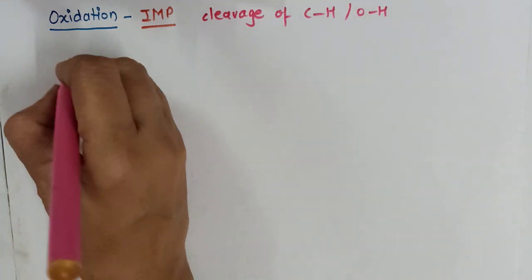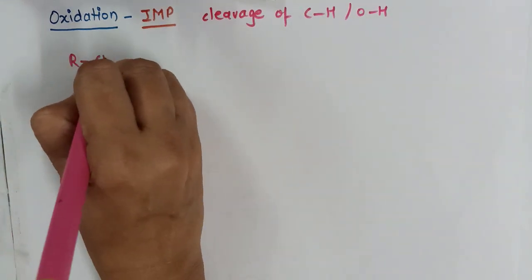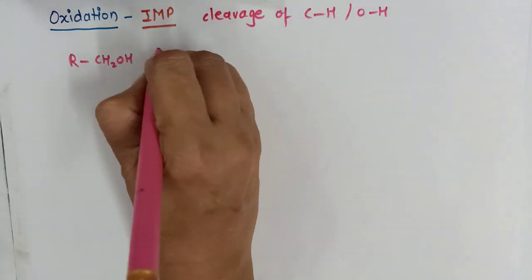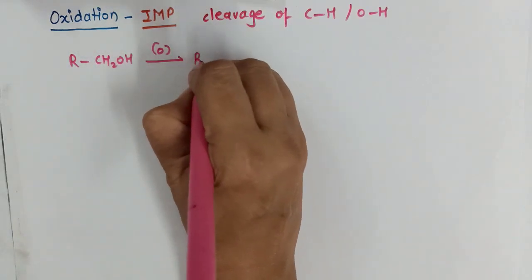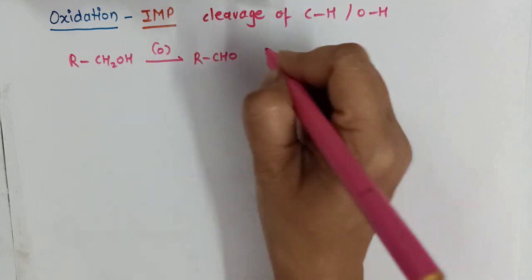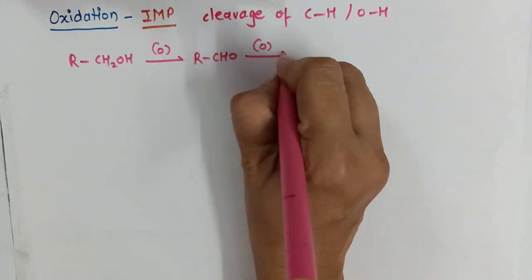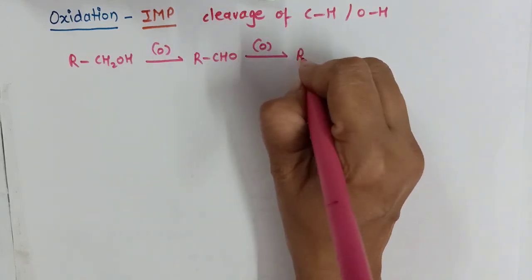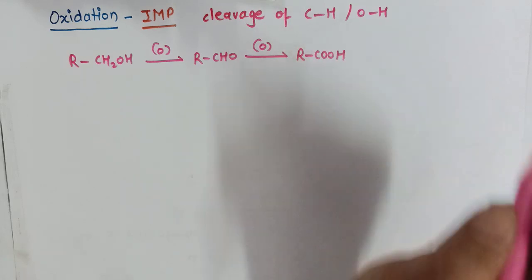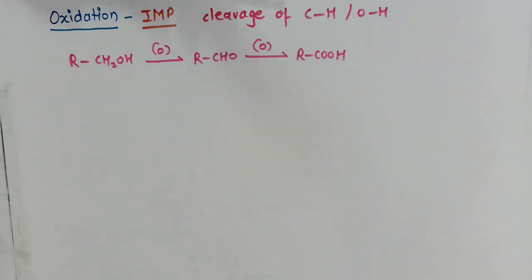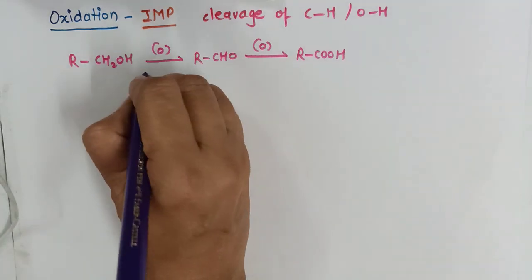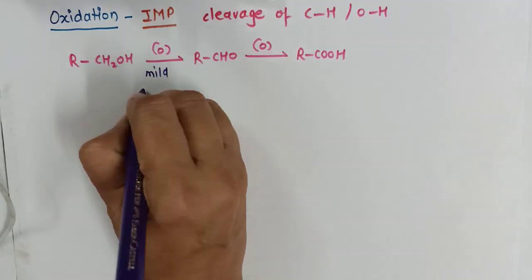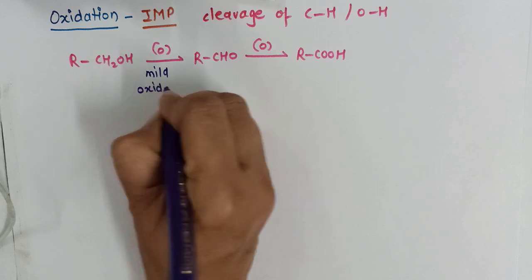Now let us see alcohols. When they are oxidized, they form aldehyde. Aldehyde, when they are further oxidized, they form carboxylic acid. The twist is that when we are converting alcohol to aldehyde, we have to choose a mild oxidizing agent.